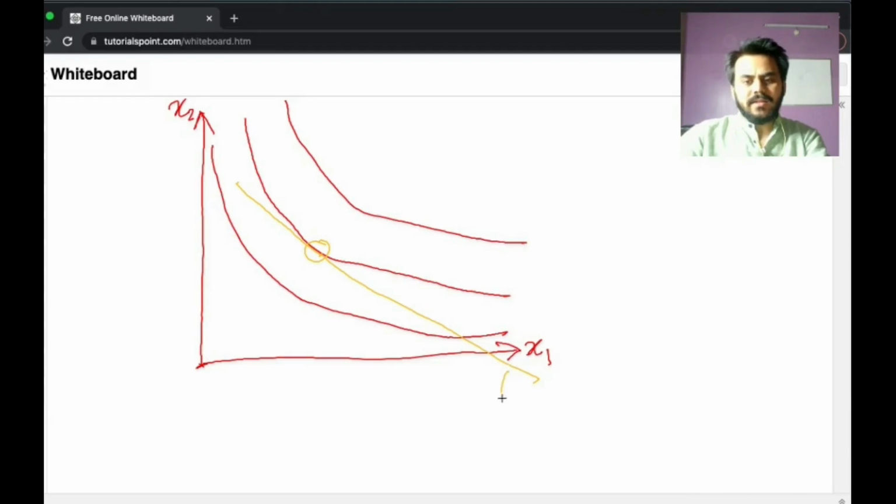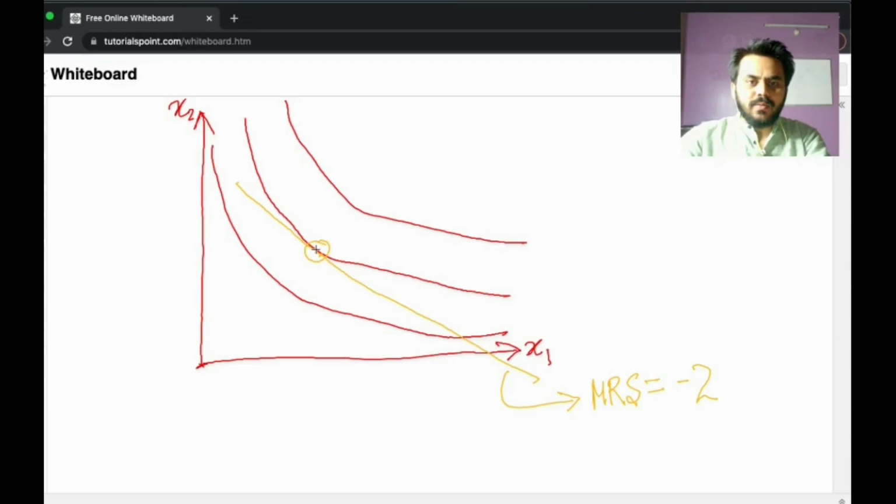So if I take the slope of this and I find that MRS at this point was equal to minus 2. What does this mean? This means that I'm ready to give up 2 units of good 2 in order to gain 1 unit of good 1.